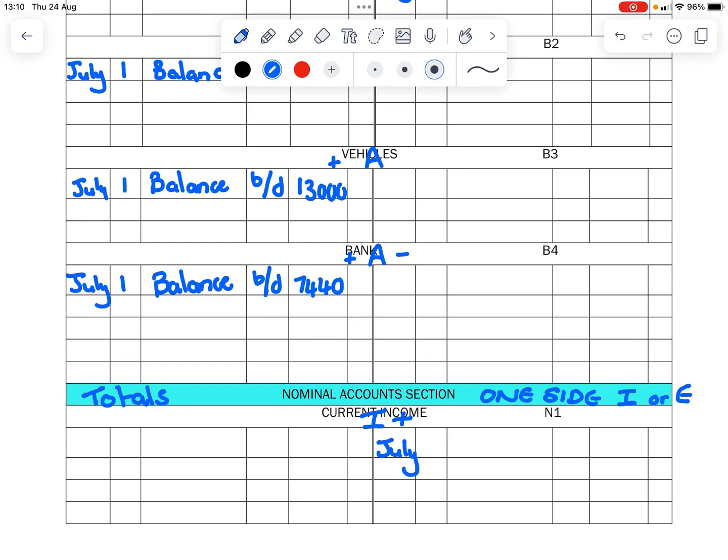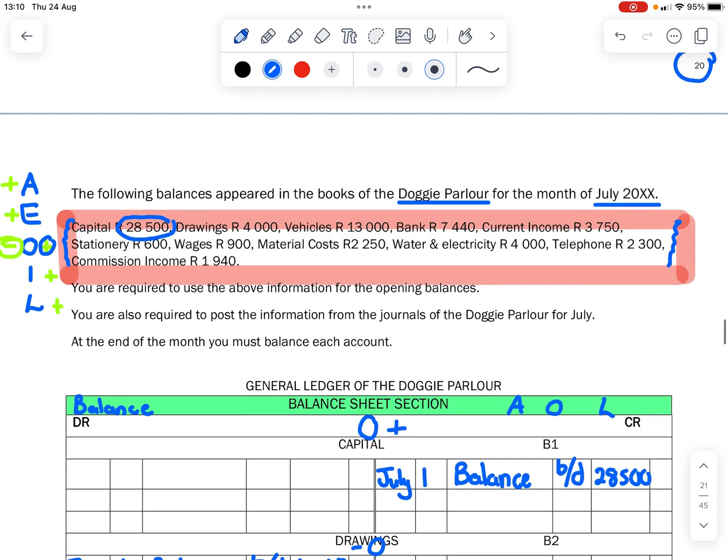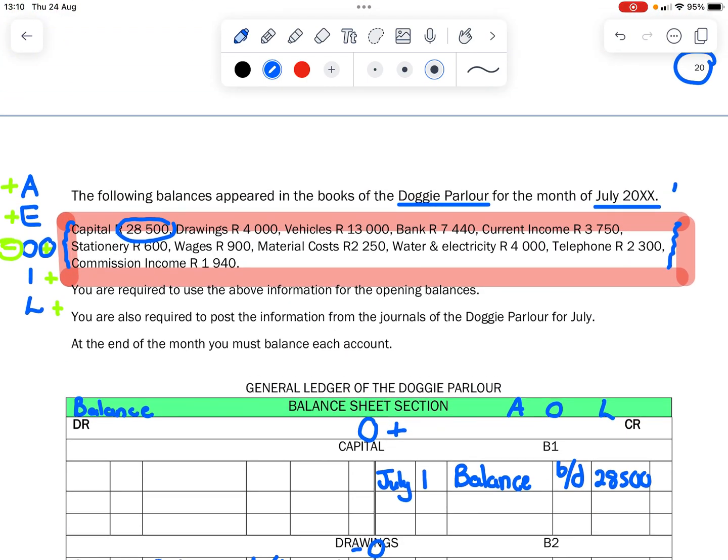We enter in our July the 1st. We have now a total instead of a balance. It's been brought down from the previous month, and our total for current income was 3,750. Remember, if we take a look up here, your balances and totals are represented in this red block.